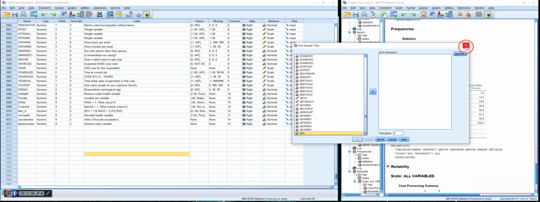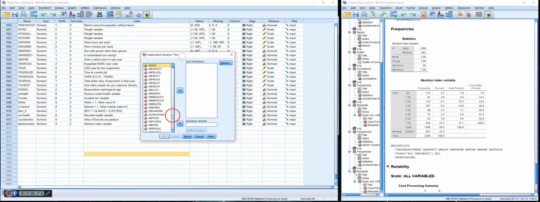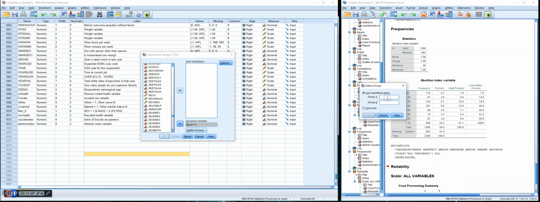Oh, no. This is the one sample t-test. Compare means, independent sample t-test. You must choose a dichotomous variable. If you use a categorical or continuous variable having more than 3 categories, that's totally wrong.